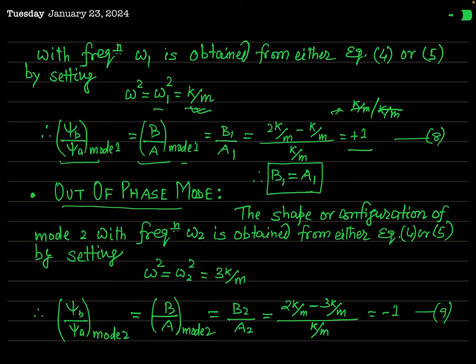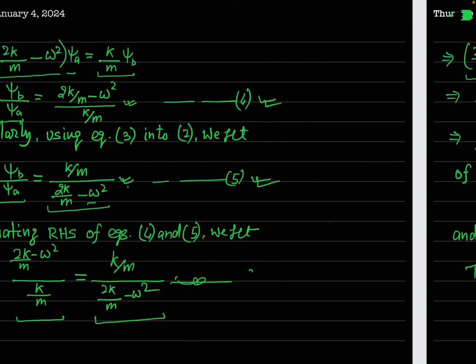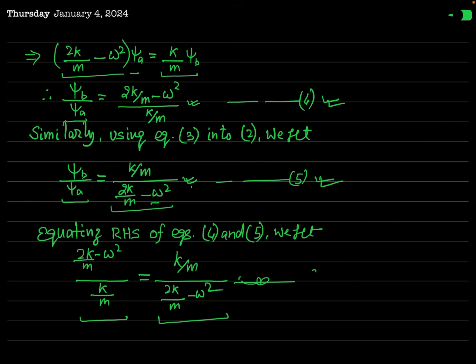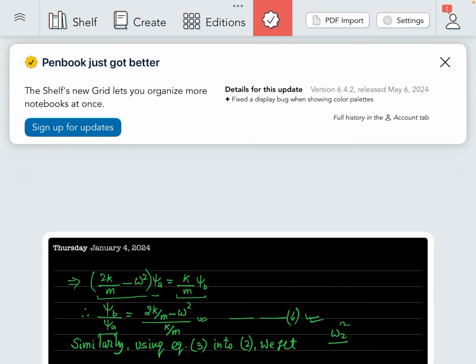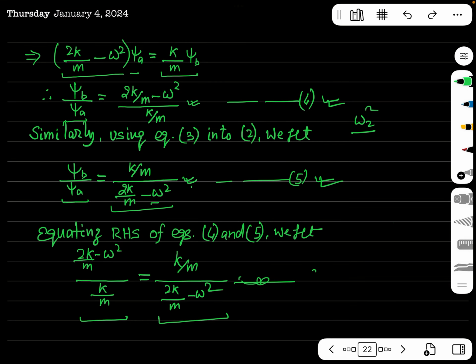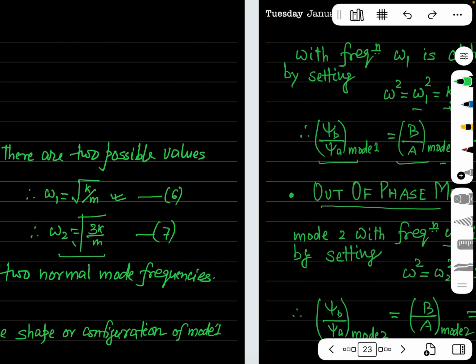And again, if your aim is to find the shape or configuration of this second mode, which is taking place with frequency omega 2, you can obtain this simply by setting omega 2 square at the place of this omega square, either in equation 4 or in equation 5.